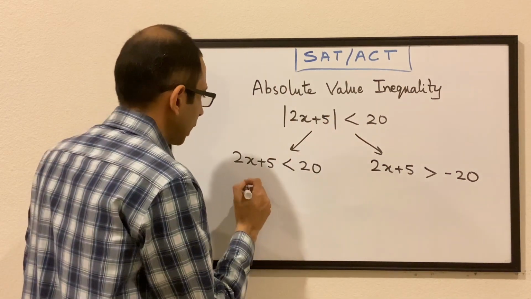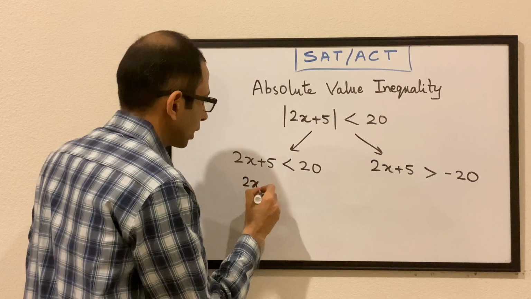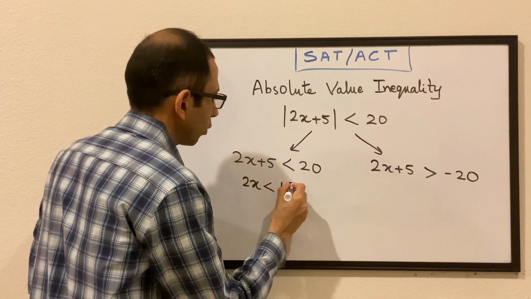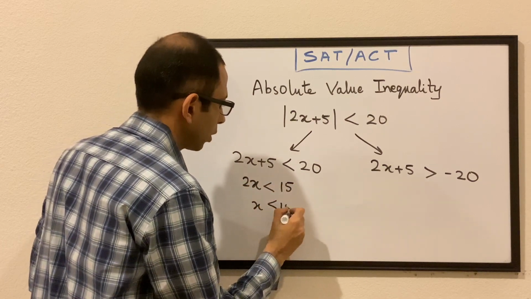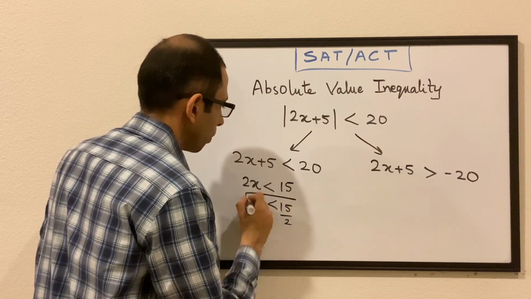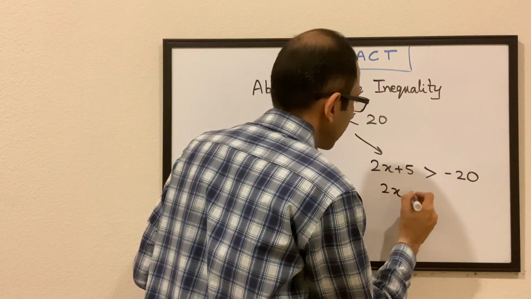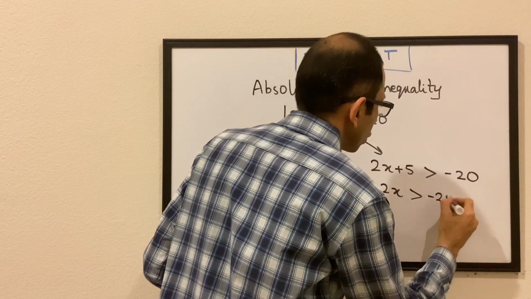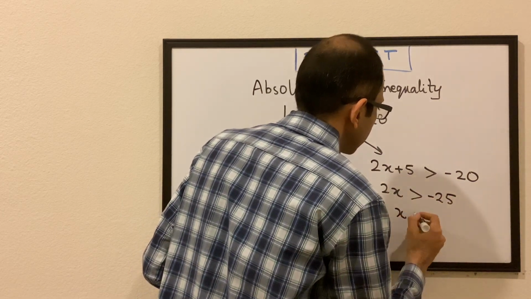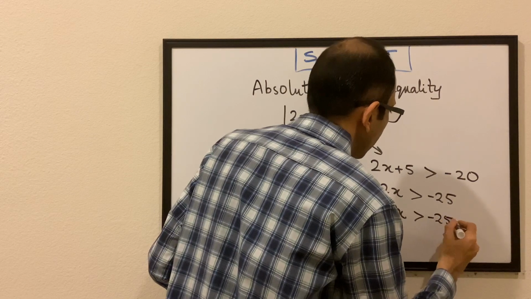So these are the two scenarios which we get in case of an absolute value inequality, and then we solve them the way we normally would. So 2x is less than 15, or x is less than 15 over 2. That is one set of solution. From the other we get 2x is greater than minus 25, or x is greater than minus 25 over 2.